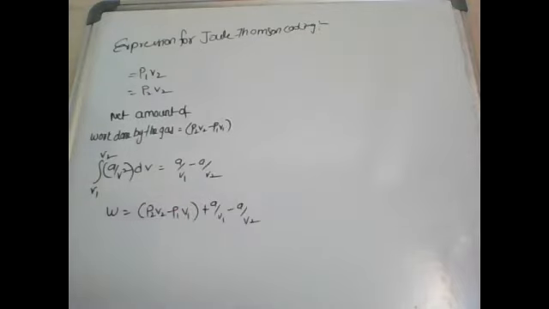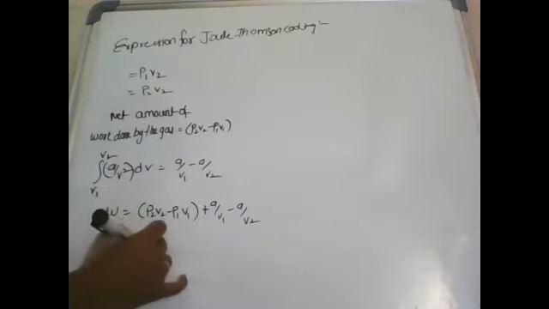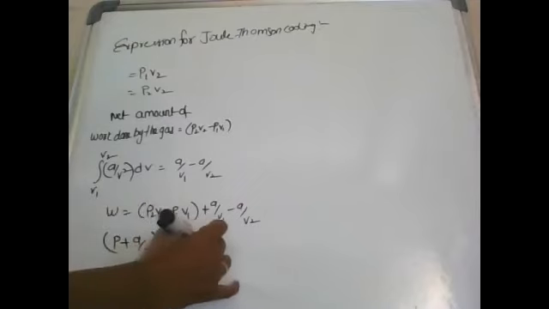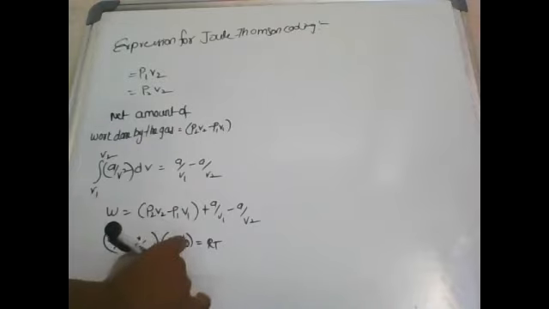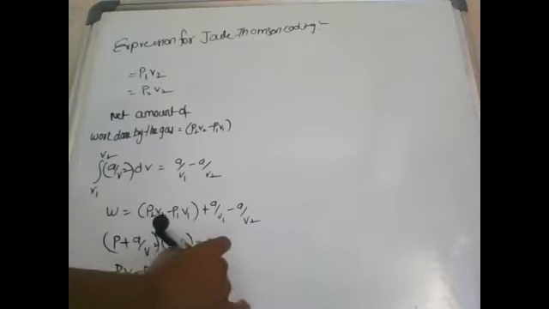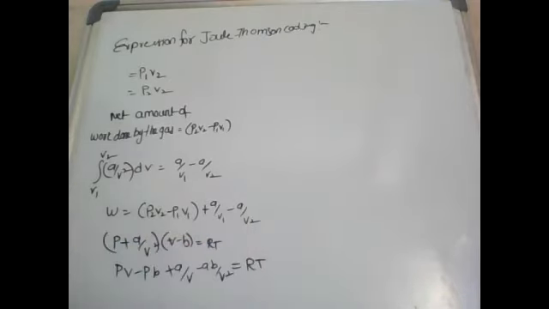So, according to the van der Waals equation, we know that (P plus A by V square) into (V minus B) equals R into T. From this equation, PV minus PB plus A by V minus AB by V square equals RT.